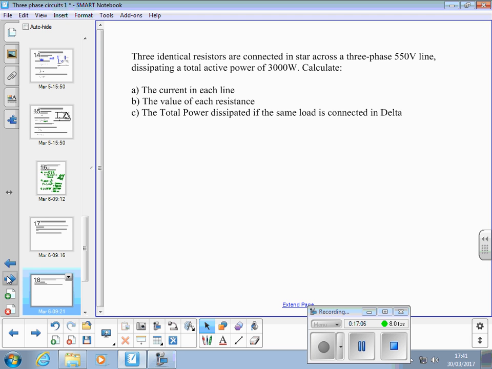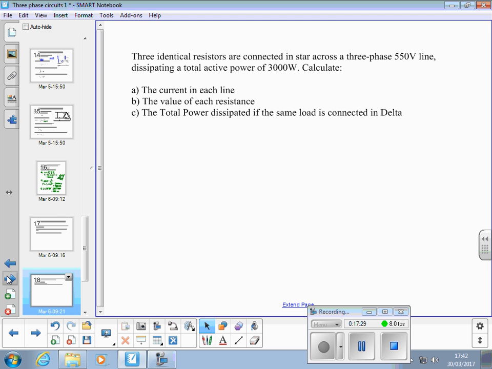Okay, I've made this question to show you what I talked about on that other slide: although the two formulas were the same, it's not the same power if you connect the same load in delta or star to the same line.